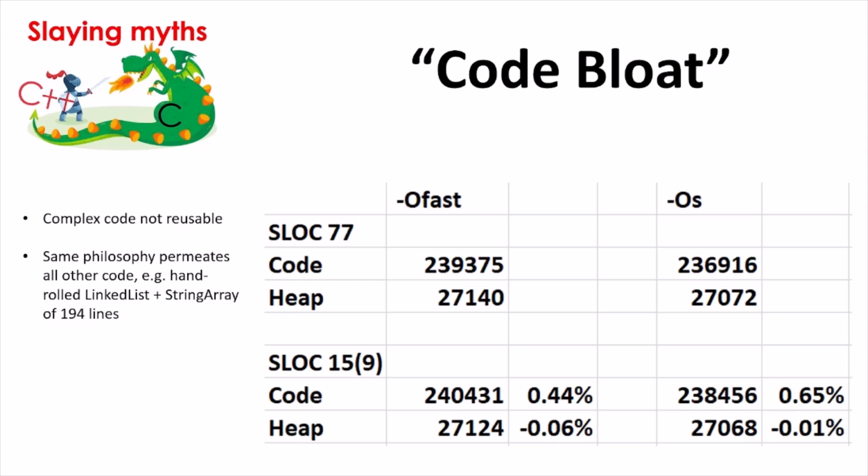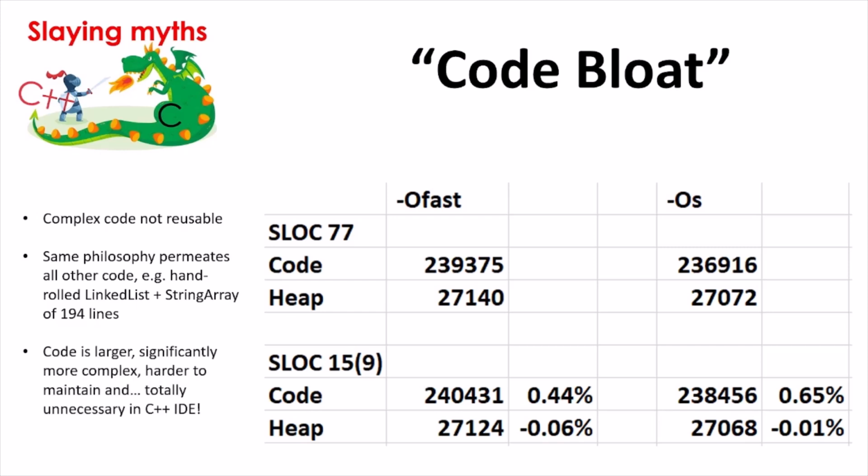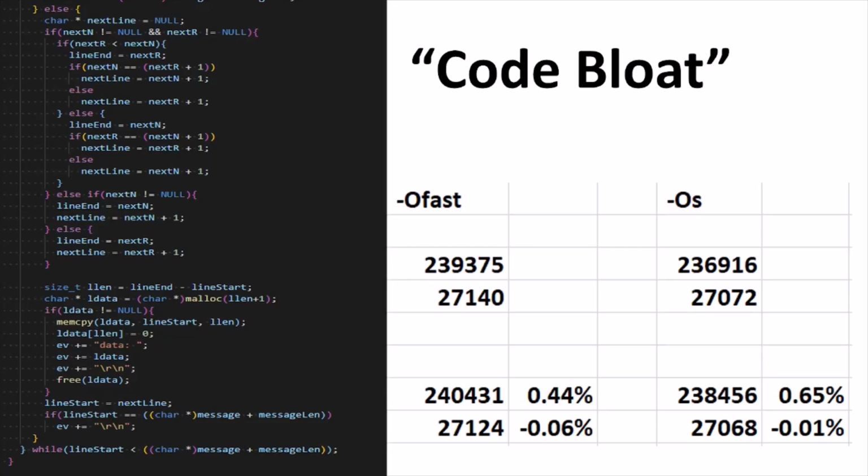And it's an invitation to bugs and code bloat. So there's the irony. In this particular example, the C code is the one that's doing the bloating. So the code that I'm replacing is larger, it's significantly more complex, it's much harder to maintain, and it's totally and utterly unnecessary. You can't refactor any of that spaghetti.